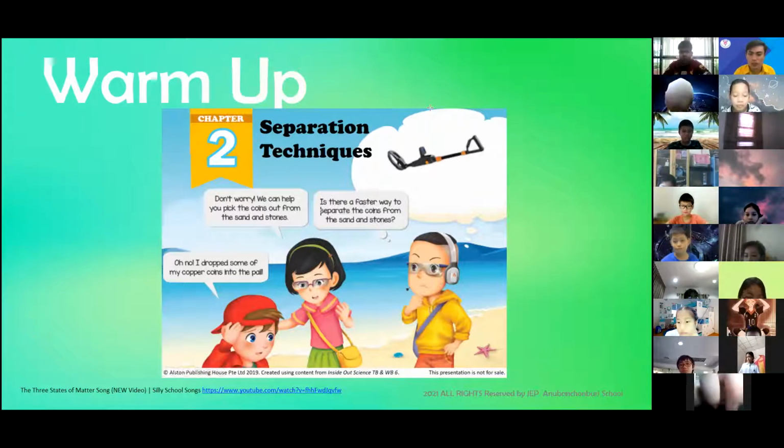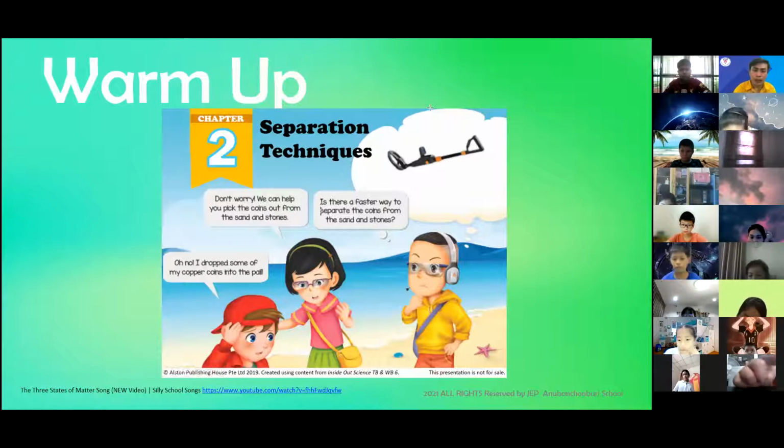I experienced seeing some people near the beach early in the morning. They carry this metal detector here in Thailand.